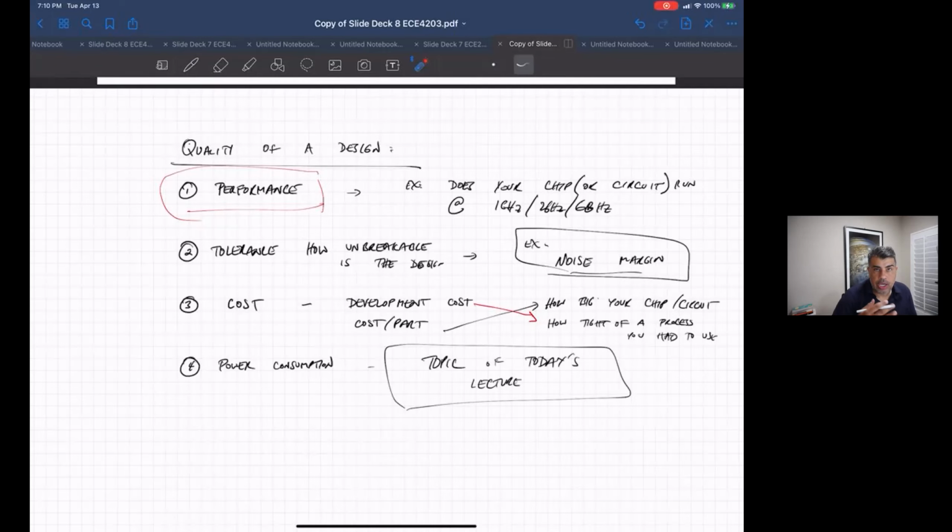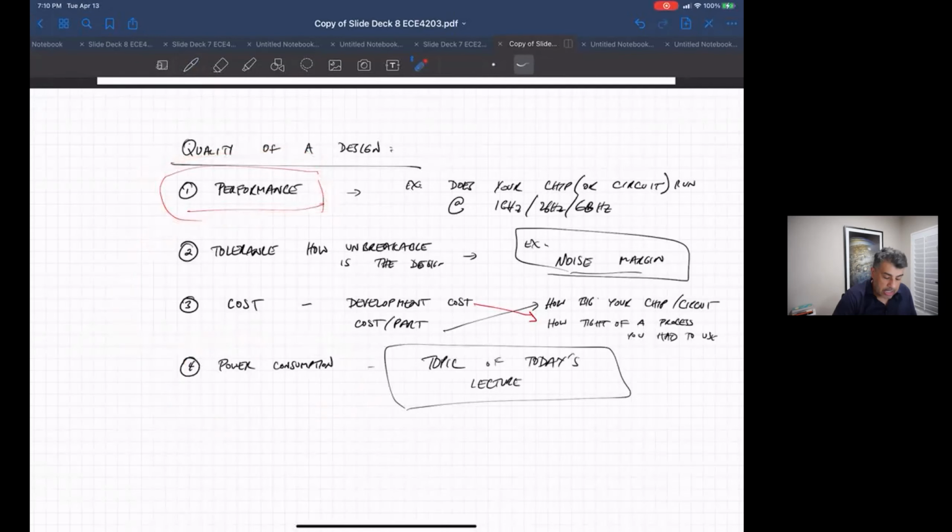How much current your PMOS transistors have to push into a capacitor, and how much current your NMOSFETs have to discharge that capacitor. And as we'll see, the more current you use to go faster, the more power consumption you'll take.